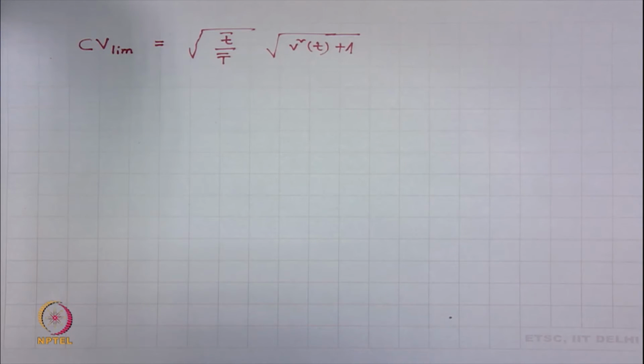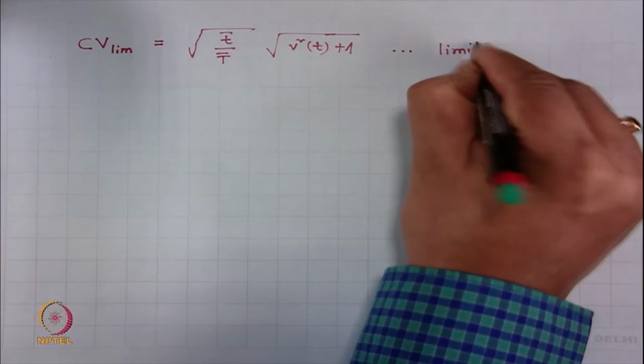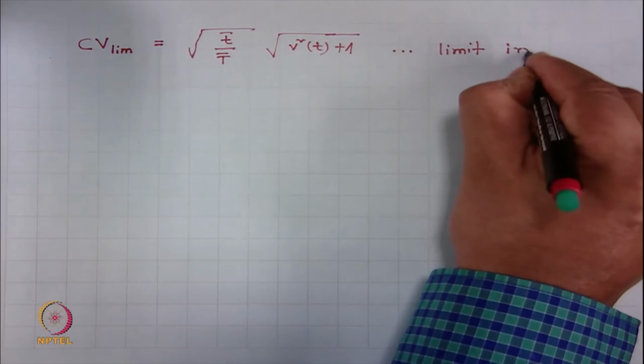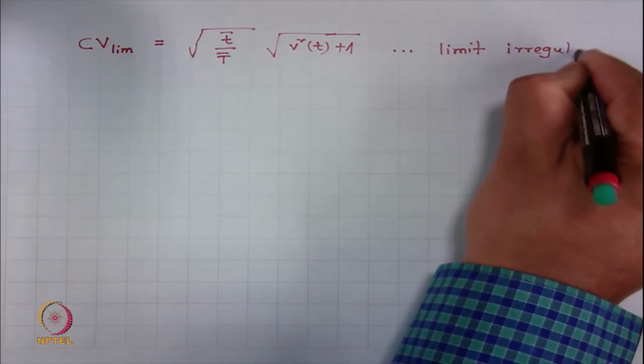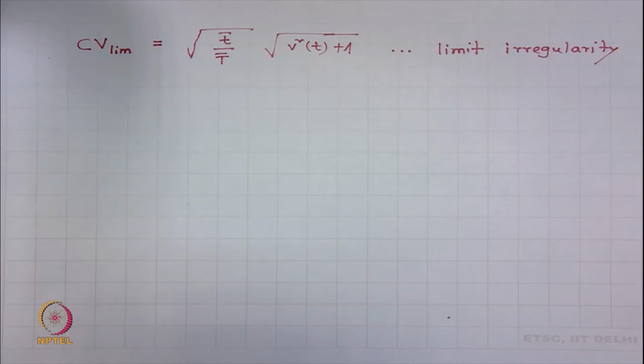So, CV limit stands for limit irregularity. So, this is the expression for limit irregularity.